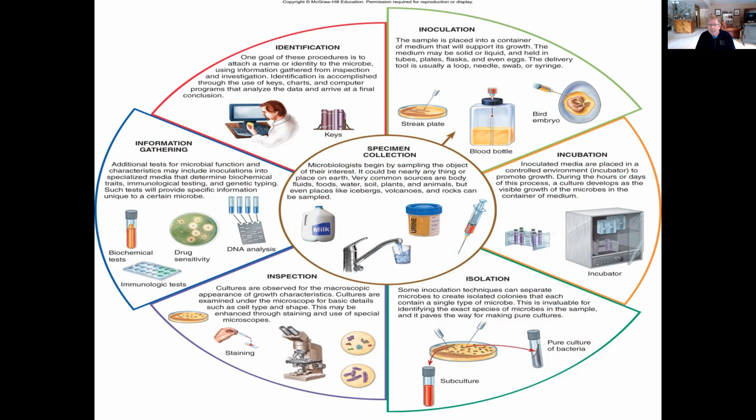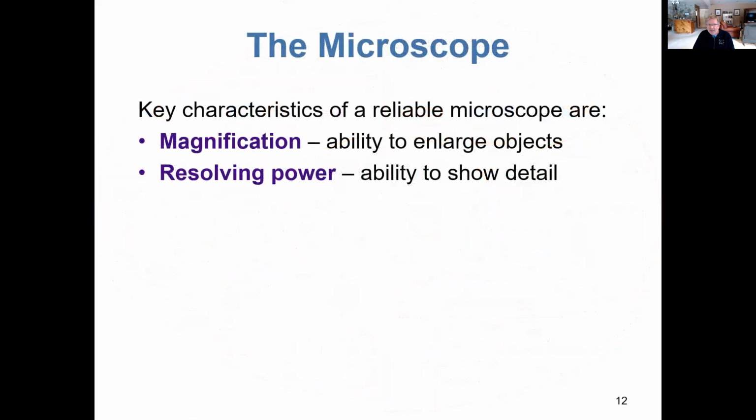Well, as I alluded to a moment ago, this instrument, the microscope, is one that we will be spending a lot of time using. And you've spent 2 semesters at least with it in ANP1 and ANP2, so I know you're somewhat familiar with the microscope and what it does and sort of how it works.